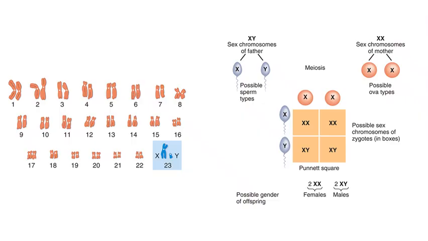If we get an X chromosome that has it, then we're in trouble. We're going to express it because there's nothing there to mask it. So alongside the general ways inheritance can happen, we also have sex-linked inheritance, which depends on what's coming with our X and what's coming with our Y chromosome.